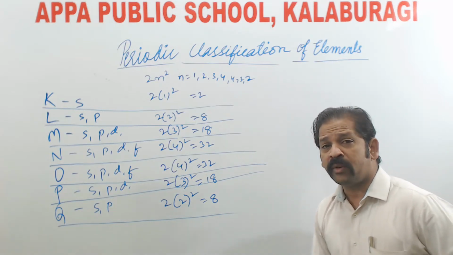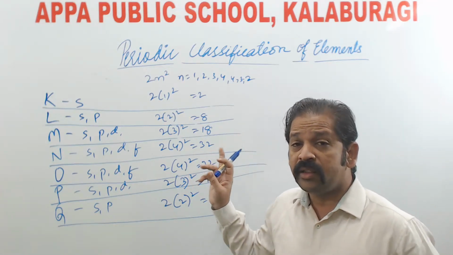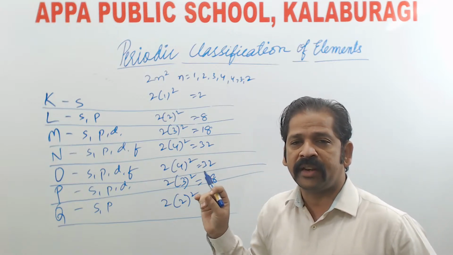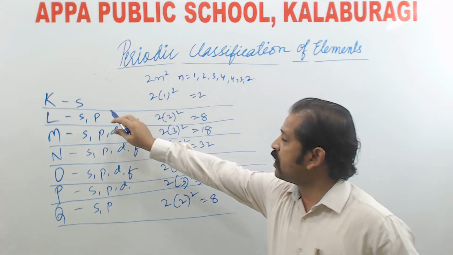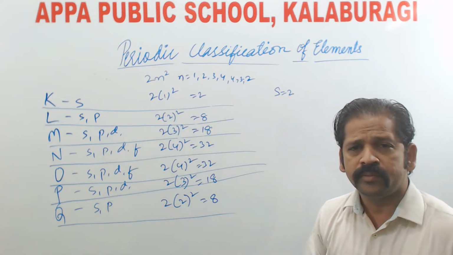Here I told one more point because I am repeating all these topics. The reason is that they are interconnected with each other. Everything is interconnected. In the s block, maximum electrons are 2.